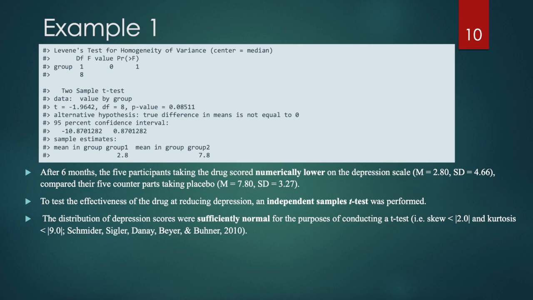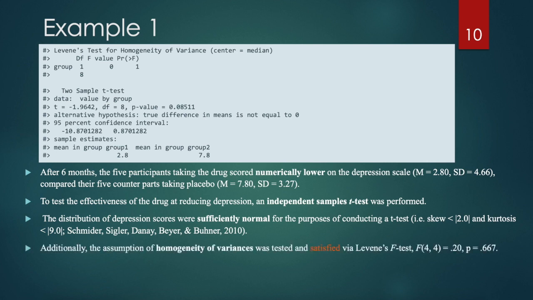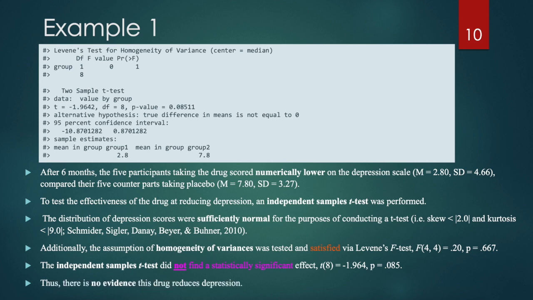In this one, we could compare the skew and kurtosis. I don't formally show you here, but we did in earlier ones. Additionally, the assumption of homogeneity of variances was tested and satisfied via the Levene's F-test. The independent samples t-test did not find a statistically significant effect. And lastly, there is no evidence that this drug reduces depression compared to placebo.